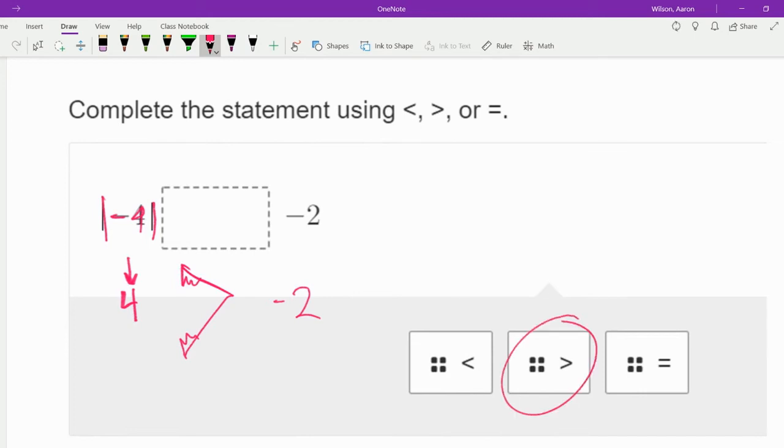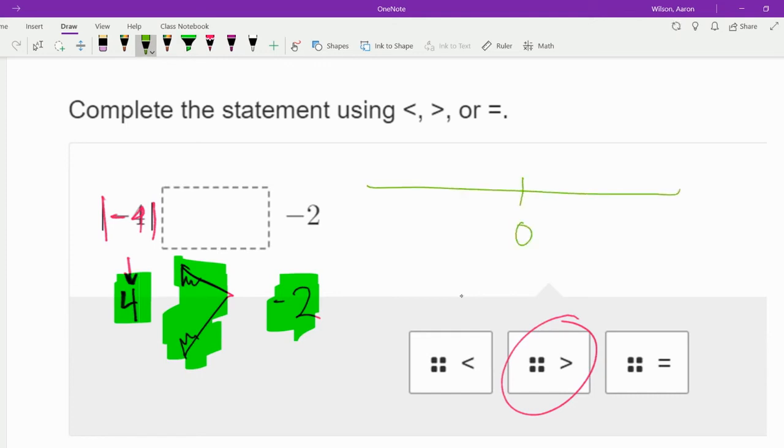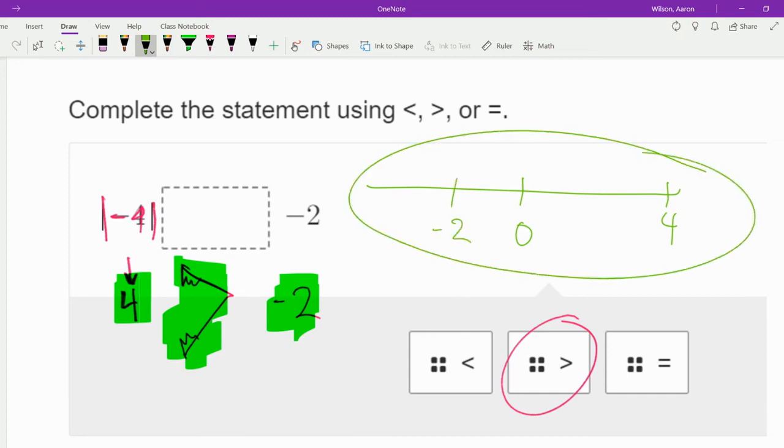To read this correctly, you would say 4 is greater than -2. Why is 4 greater than -2? Because it is further to the right on the number line. If I had to plot these, 4 is right there, -2 is right there, and 4 is further to the right. The numbers that are further to the right are larger. So the absolute value of -4 is greater than -2.